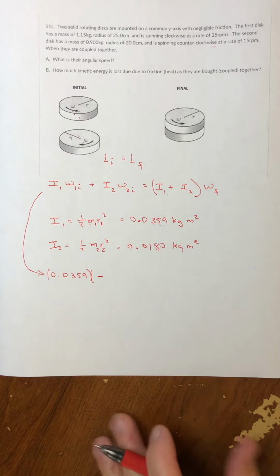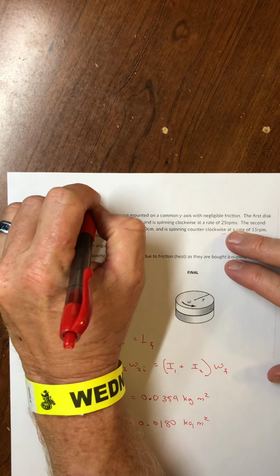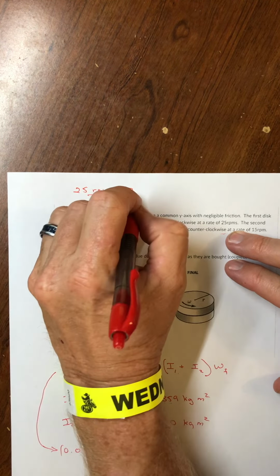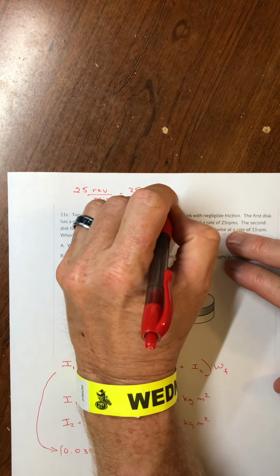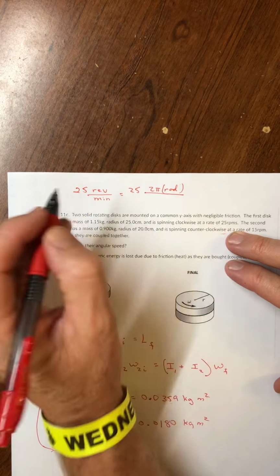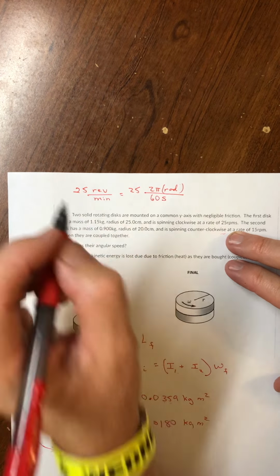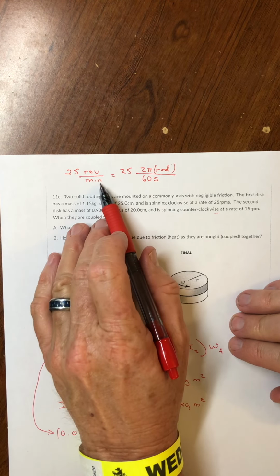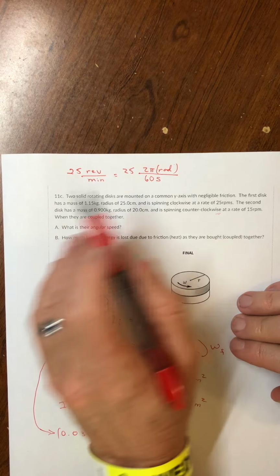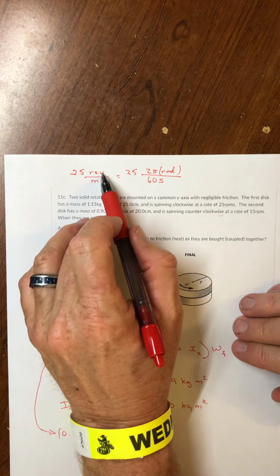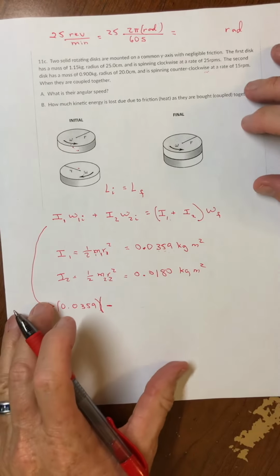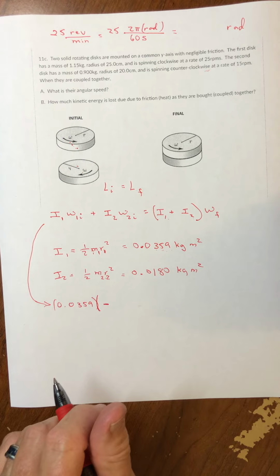So I'm going to put a negative, and then maybe I need to come back and go, oh man, 25 revolutions per minute. A revolution would be 2 pi radians, and a minute would be 60 seconds. So doing a unit conversion, what I call a direct substitution, put in the meaning of a minute. A minute is exactly equal to 60 seconds, so substitute it in. And a revolution is 2 pi radians. And that's going to give me the speed that I want in the appropriate units when I'm doing energy.